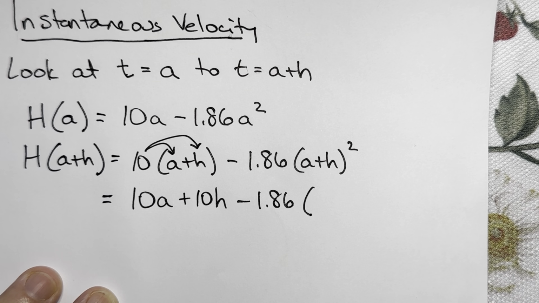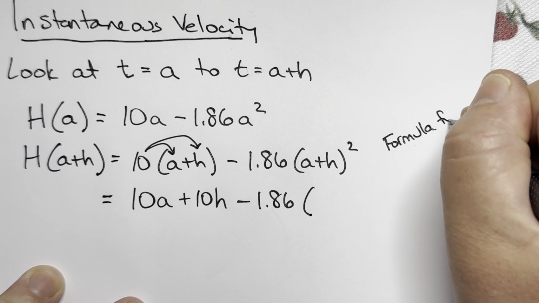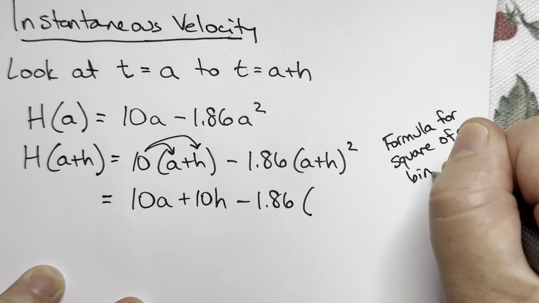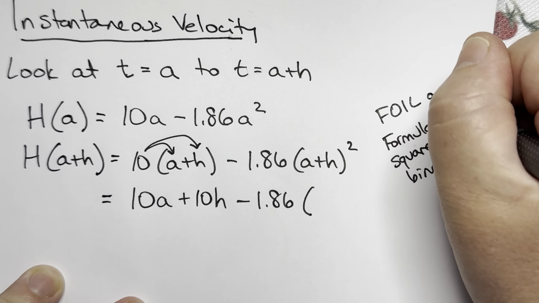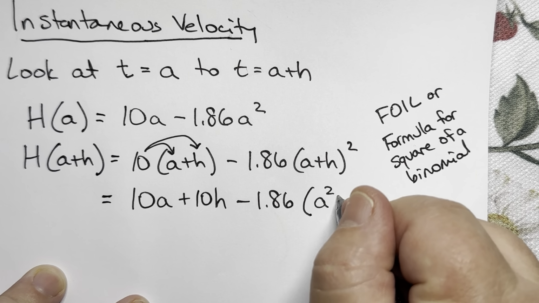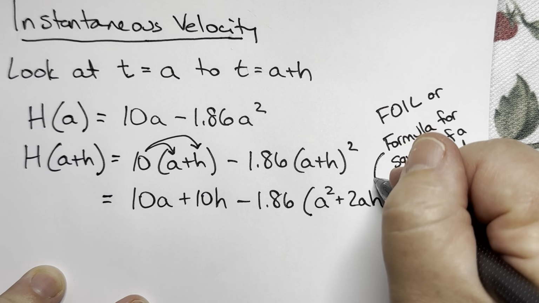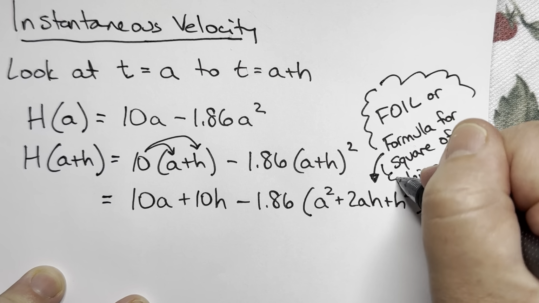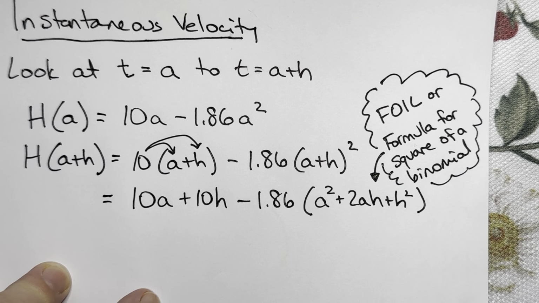You can either use the formula for the square of a binomial, or FOIL. And we get a squared plus 2ah plus h squared right there. FOIL, or the formula for the square of a binomial.